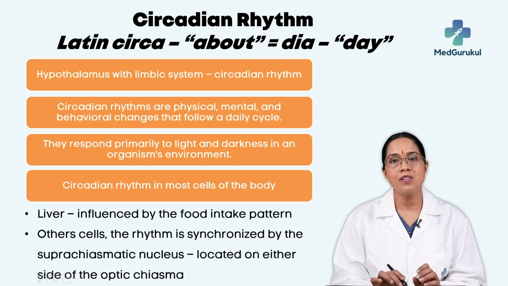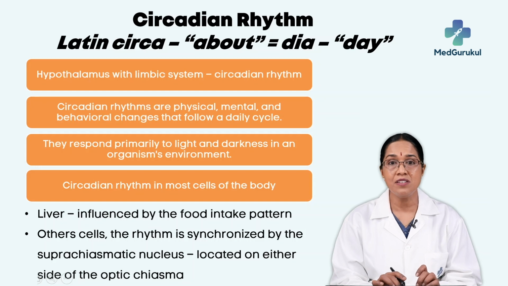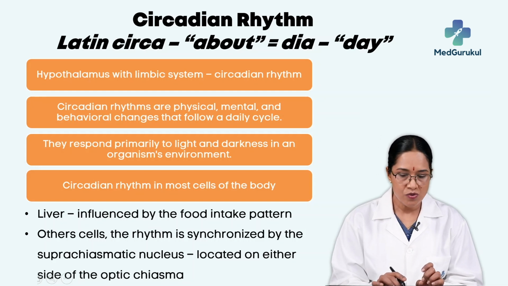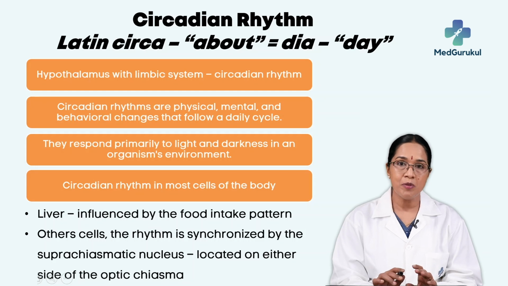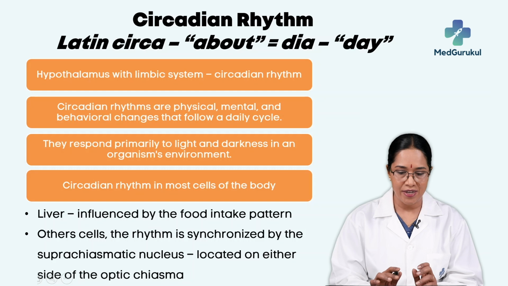Now let's see what is the involvement of the hypothalamus in circadian rhythm. In Latin, the word circa means about and dia means day. So, circadian rhythm, if you see, the hypothalamus along with the limbic system takes care of the circadian rhythms.